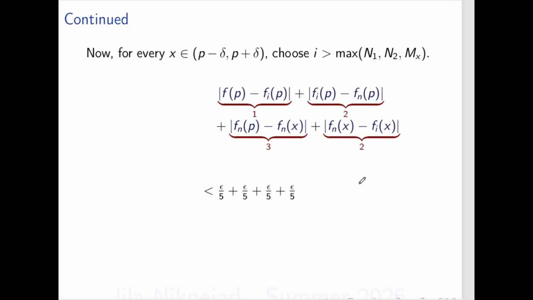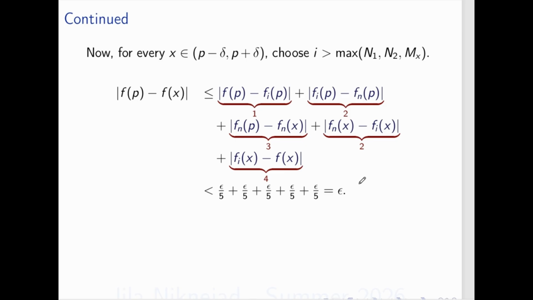This one is just because of the continuity of fn. Finally, the absolute value of fi of x minus f of x is less than epsilon fifth because of m sub x. So when you sum all of these, they are less than 5 epsilon fifth, which is epsilon, and they are also bounded by the triangular inequality.